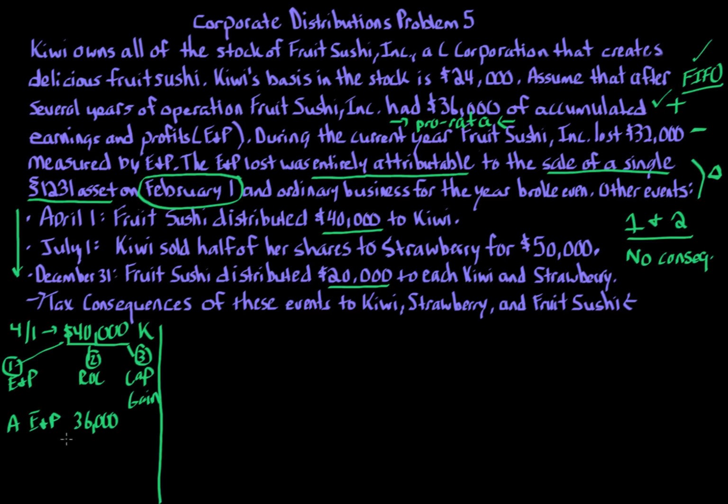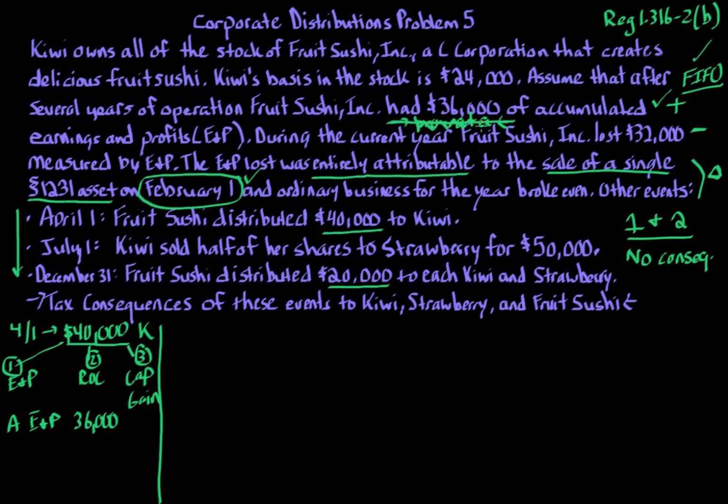In the regulations, Reg 1.316-2(b), it states that if you have a current EMP that's negative and is attributable to a specific event on a specific date, just like we have here, one event on a specific date, February 1st, you don't do it ratably like we did before, or pro rata. So the pro rata rule here is out the door.